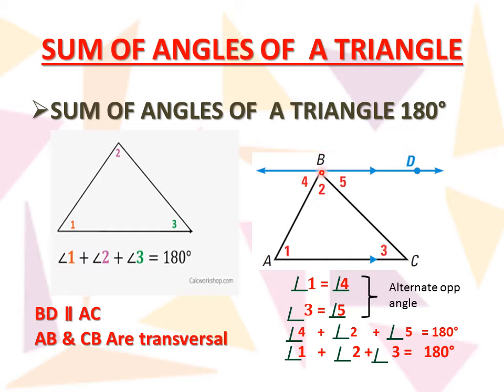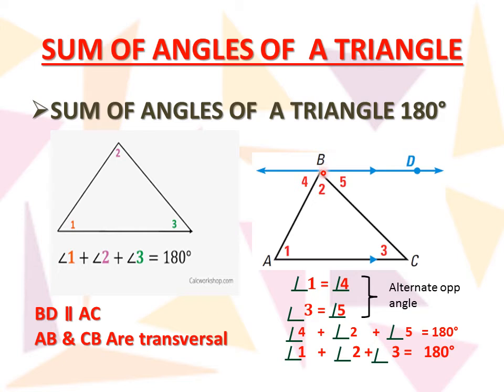Here you see ABC is a triangle. From point B, we are drawing a line BD which will be parallel to AC. You see the BD line which is being drawn in blue, and here an arrow is also there from A to C. That means BD is parallel to AC. Now, at this vertex B, we have another angle 4 and one angle 1.